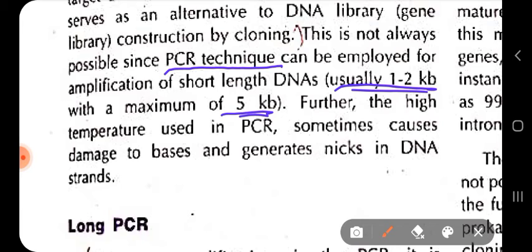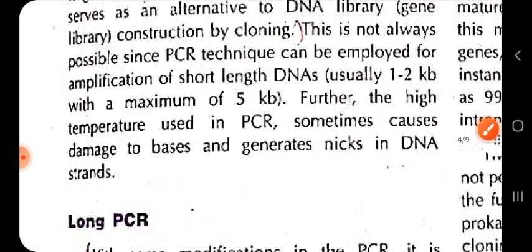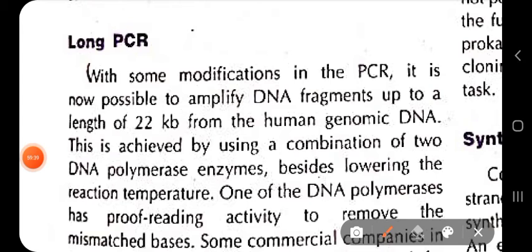But further, long PCRs are nowadays employed, which can isolate our target DNA from genomes up to 22 kb. So those genomes whose length is about 22 kb can easily be used for the long PCR strategy for isolation of our target DNA from that genome.